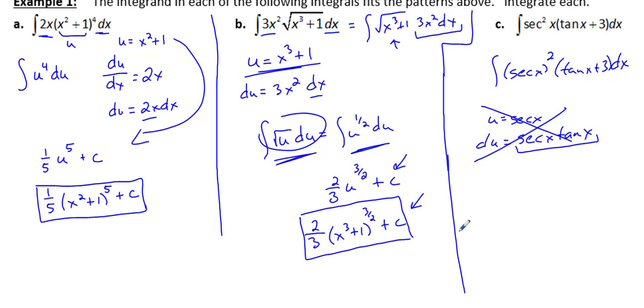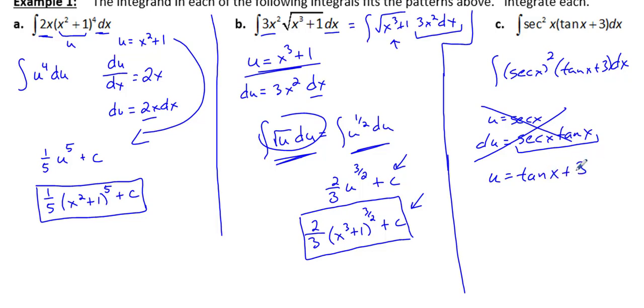If you take the derivative of tangent, secant squared, so that's what you want your u to be. This is the derivative of the other one, so this is your u then, because we're taking the derivative of u. So make u equals tangent x plus 3.